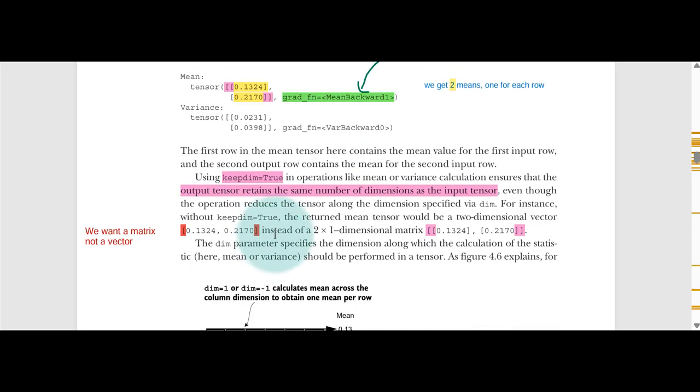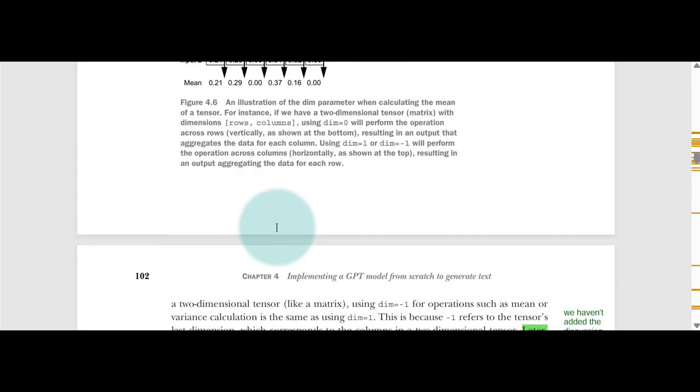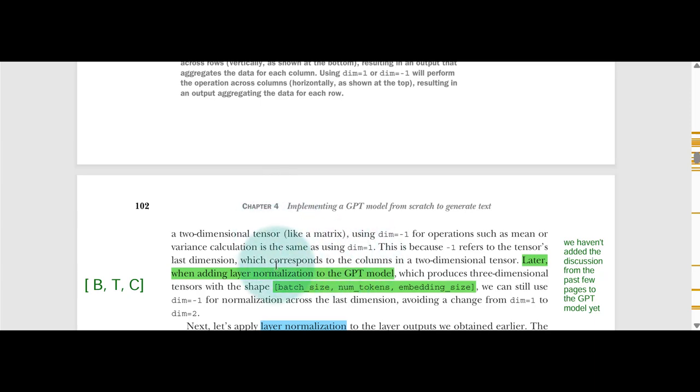But anyway, he says later, when adding layer normalization to the GPT model, which produces three-dimensional tensors because they all have batch, sequence length, and dimension length, or embedding length. So they're three-dimensional tensors. We can still use dim equals -1. I guess because we're doing normalization across the last dimension, avoiding a change.